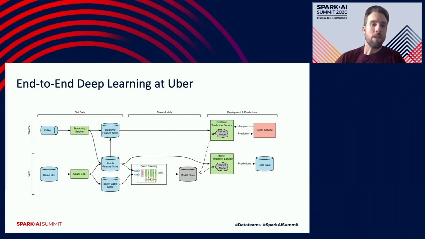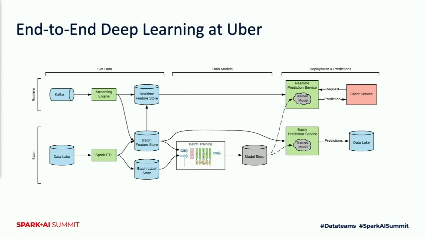So to zoom out for a second and look at how end-to-end deep learning works at Uber, I want to show you this picture of how our total Michelangelo ecosystem looks. Michelangelo is our machine learning platform. So what we see is that we have both real-time and batch training as well as prediction that takes place.